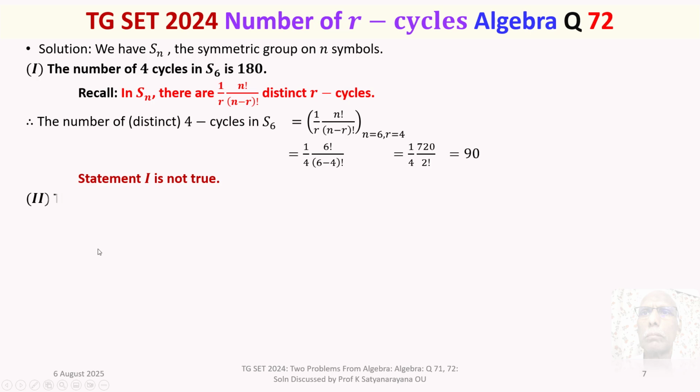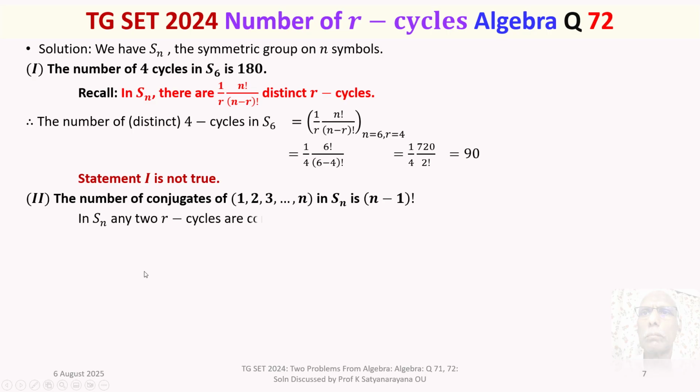Let's get into statement 2. The number of conjugates of the n cycle (1, 2, 3, ..., n) in Sn is (n minus 1) factorial. It is known that in Sn any 2 r cycles are conjugate. We are given an n cycle (1, 2, 3, ..., n) in Sn.